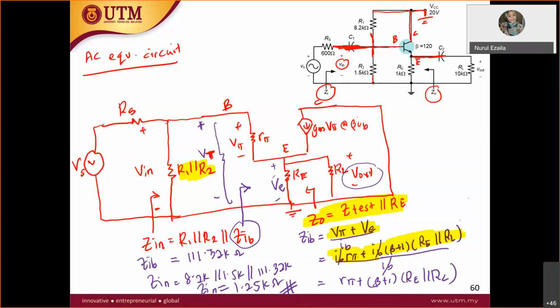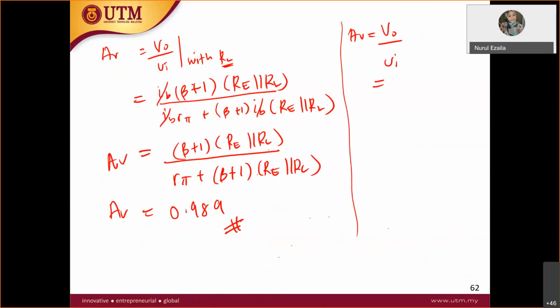You know that this is IC, the current at IC. So beta IB is approximately equal to IE, because IE is approximately equal to IC. So if I want to make it the current just straight away GMV pi, the resistor here, RE parallel with RL, also can.